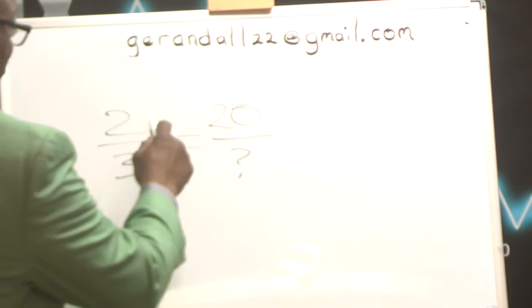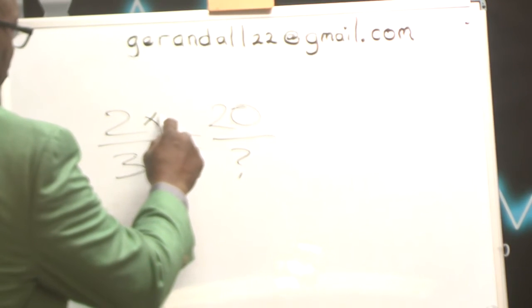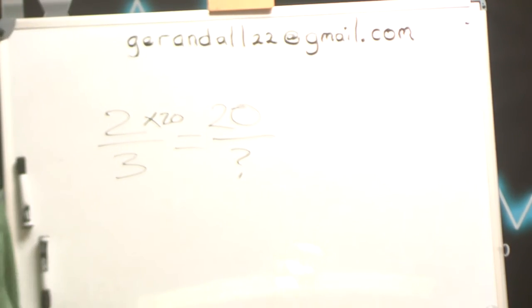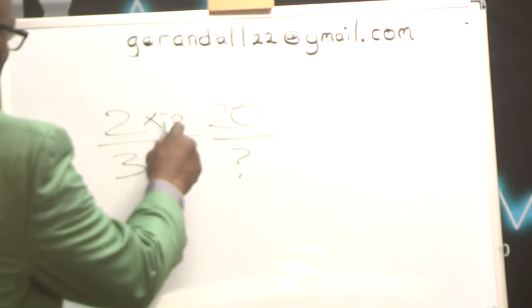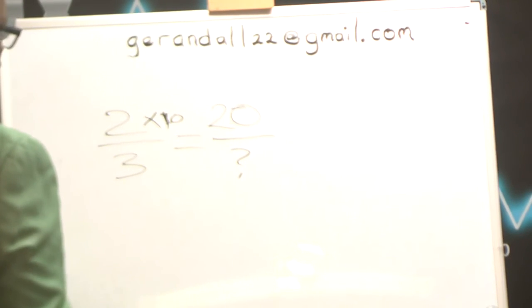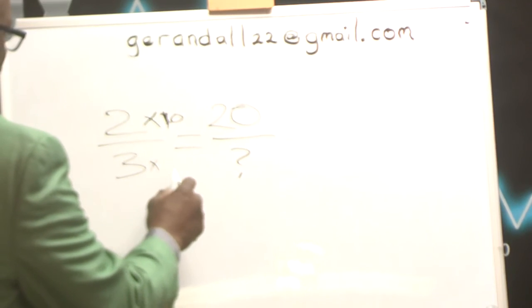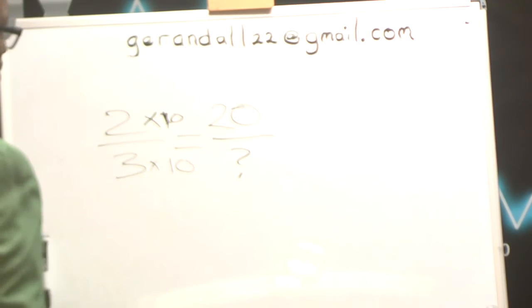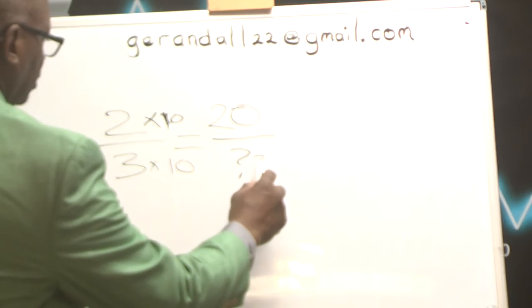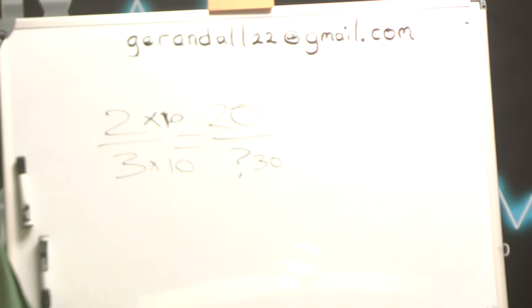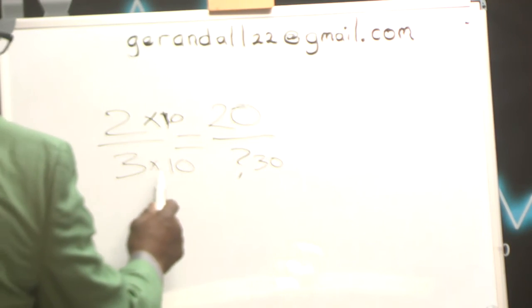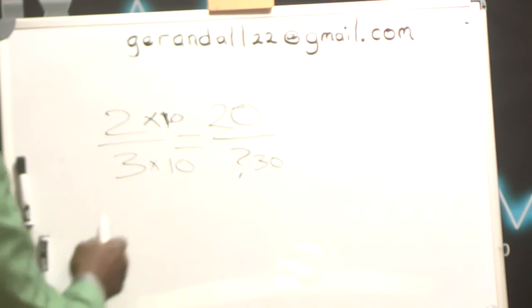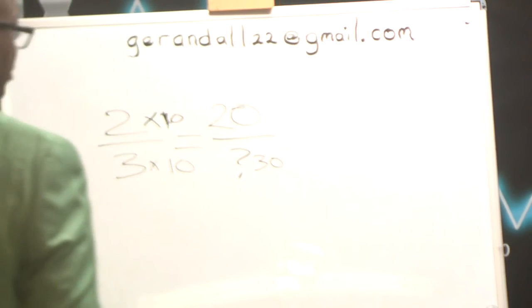And again, 2 times 10 is 20. So down here we must multiply by 10 to get 30. Because again, whatever we do to the numerator, we must do to the denominator. And we've written an equivalent fraction.